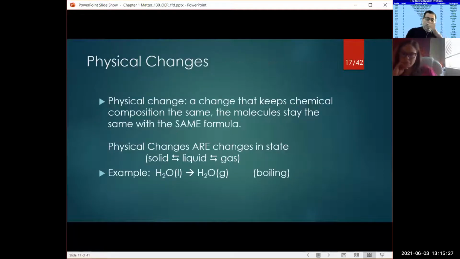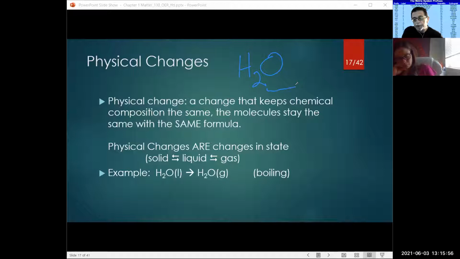Okay, and now a physical change, as I stated, there is no change to the chemical structure. Now you're going to say, what do you mean the chemical structure, Dr. Fred? Well, this is what we normally do. If we take, for example, water, the formula for water, the way we write it, is H2O.